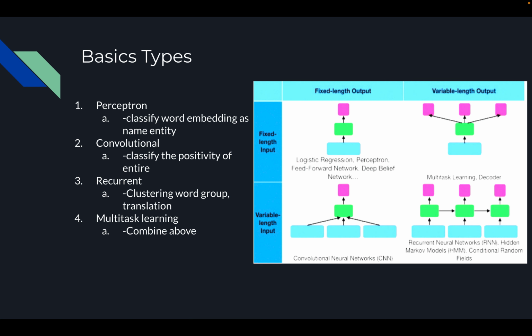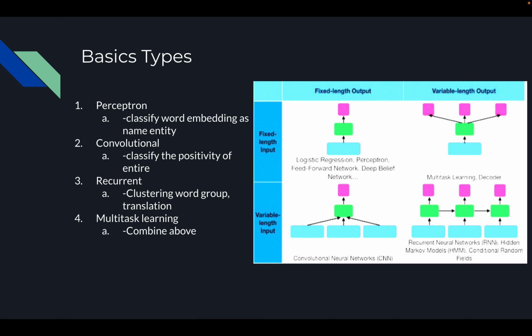The second one is convolutional, which classifies the positivity of the entire text. In sentiment analysis, it doesn't analyze each word for positivity or negativity. Instead, it combines the entire text and analyzes the overall positivity.